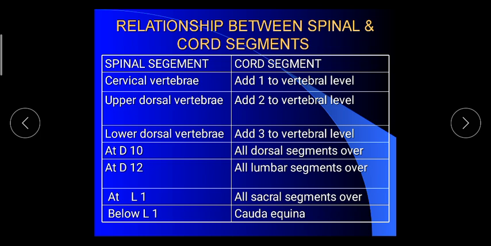Similarly, at the lower dorsal vertebra, add 3. And at the level of D12, all the lumbar segments will be over, and at L1 the spinal cord ends and all the sacral segments will be over.